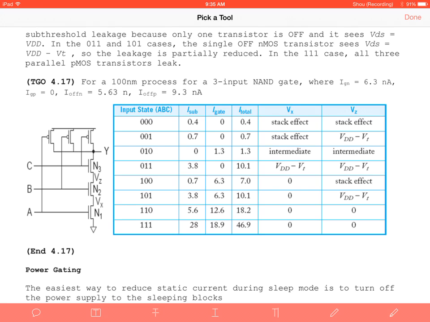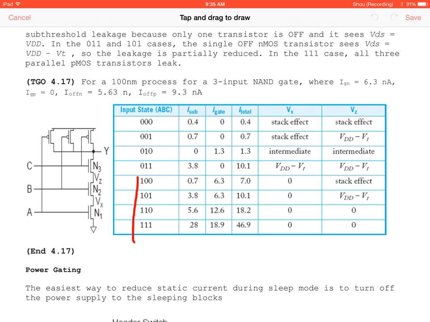Vx is going to be 0 anytime our A, B, and C is 1. So A is 1 here. Now we have current flow, right? That explains why all of our voltages here are 0, because this allows our voltage 0.